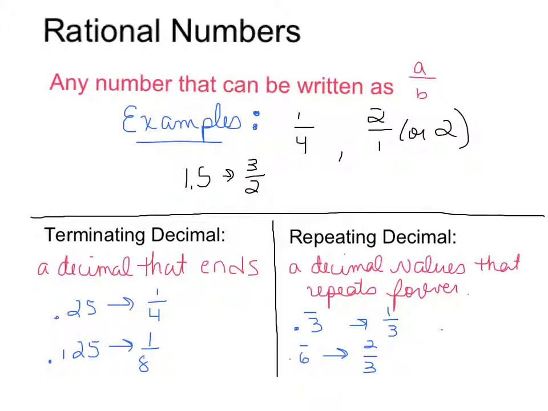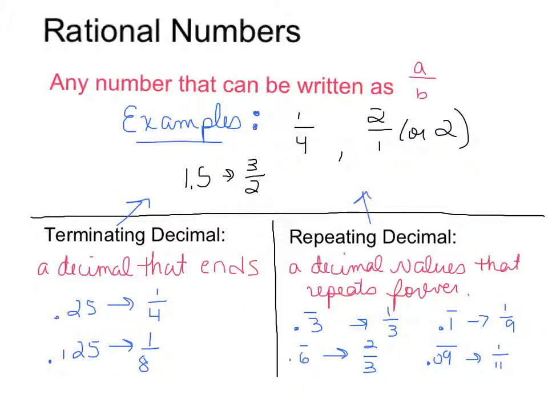But we also have 0.1 repeating, which would be the same thing as 1/9. Or we might even have something as complicated as 0.09 repeating. So this is 0.09090909 forever, which is actually the fraction 1/11. So both terminating decimals and repeating decimals are rational numbers.